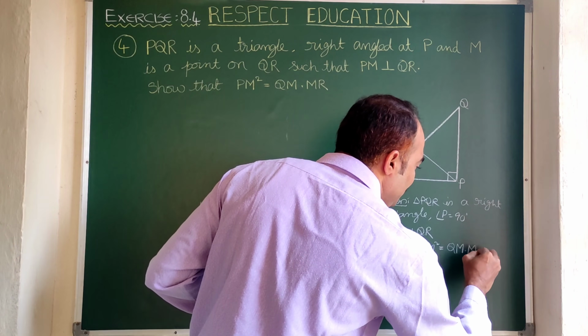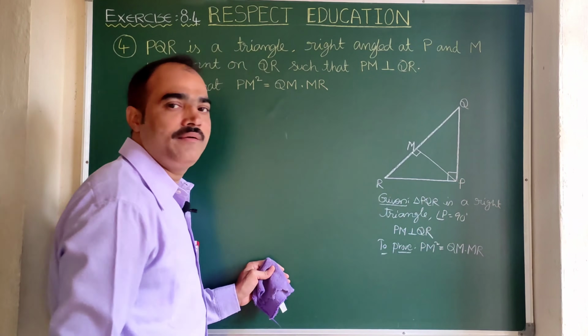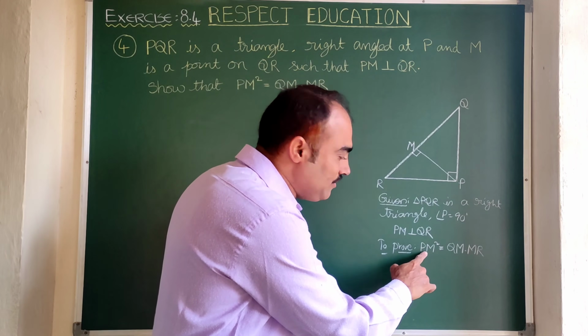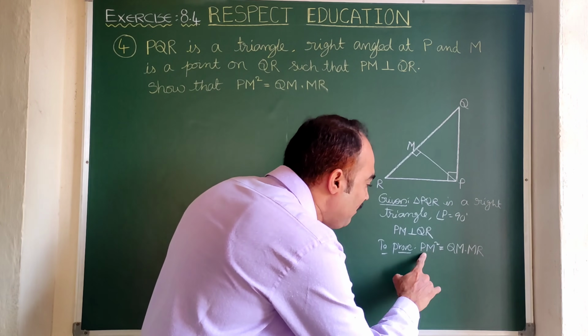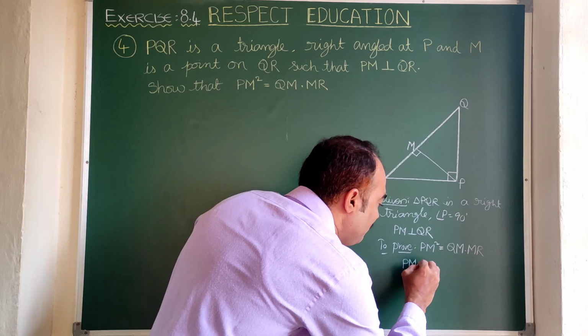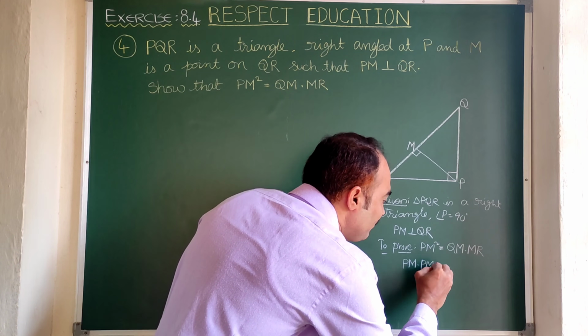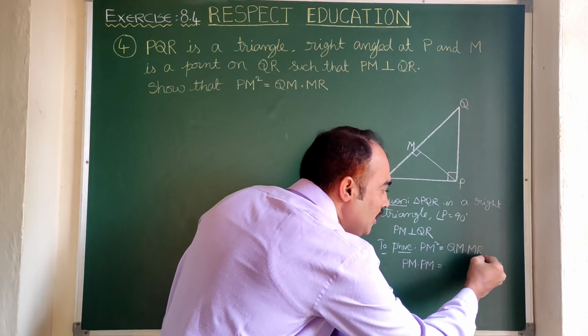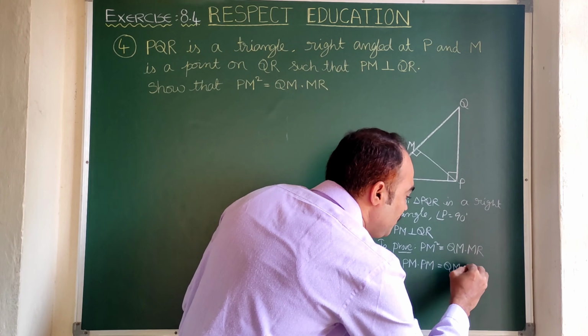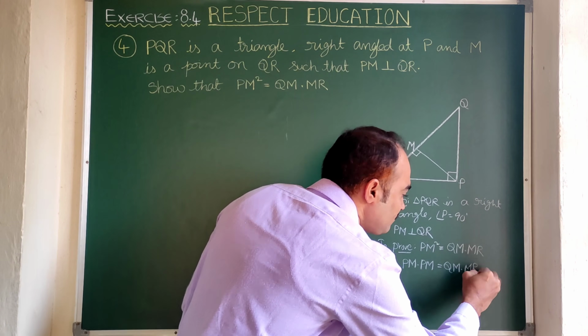Here we need to understand one thing carefully, that PM square I am going to write as PM into PM, right, is equal to QM into MR, I am writing as it is. QM into MR, no change at all.